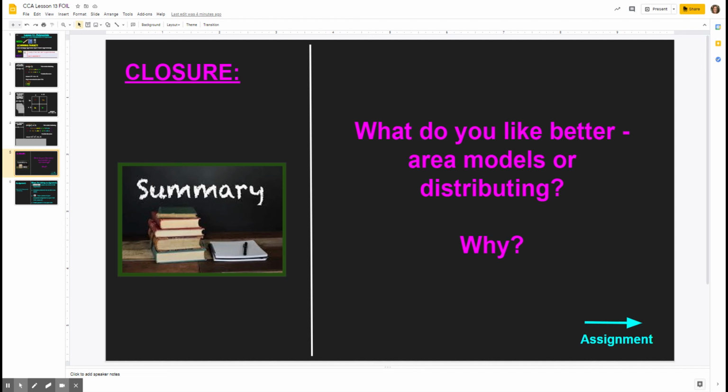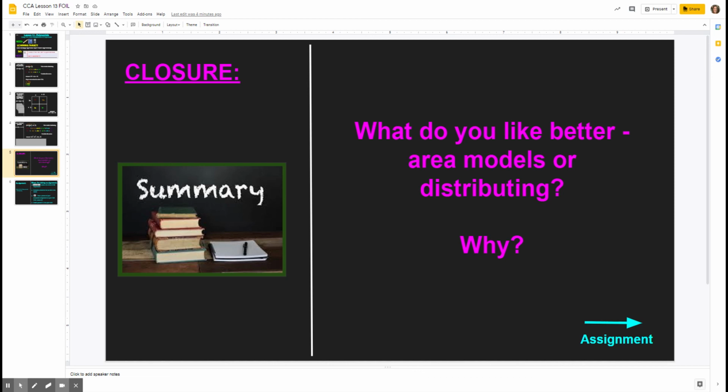Only 9 votes. There's 22 of you on. All right, so it looks like most of us prefer, it's about 2 to 1, area model to distributing.